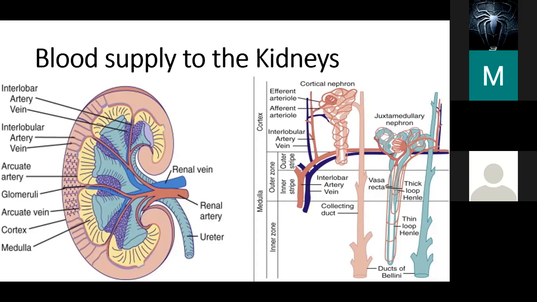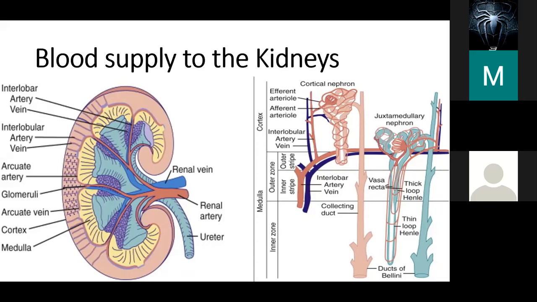If you look at the anatomy of the kidney in terms of the proximal tubules and the loop of Henle and all that, the kidney is divided into two anatomically. We have the outer, which is the cortex, and the inner zone, which is the medulla.